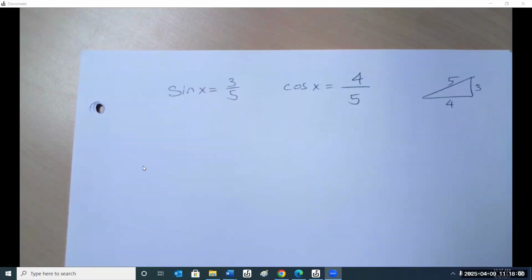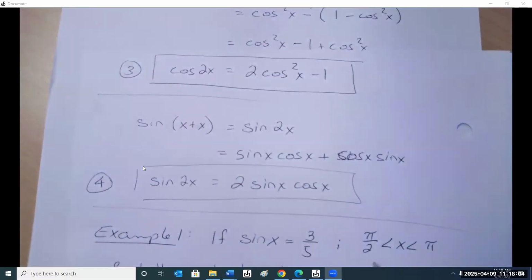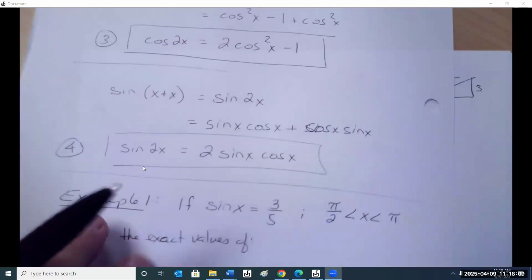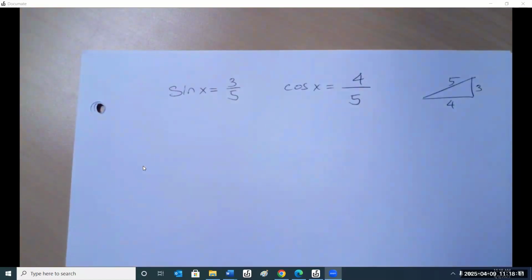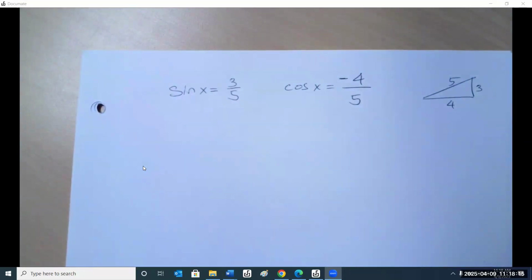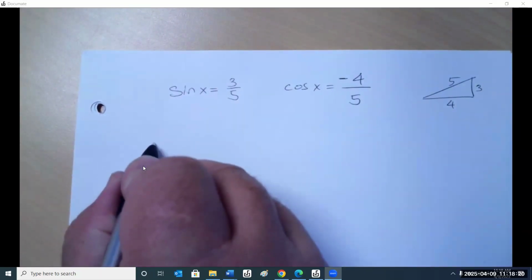But it also told us which quadrant we're in. We're in quadrant 2. What is cosine in quadrant 2? Negative.